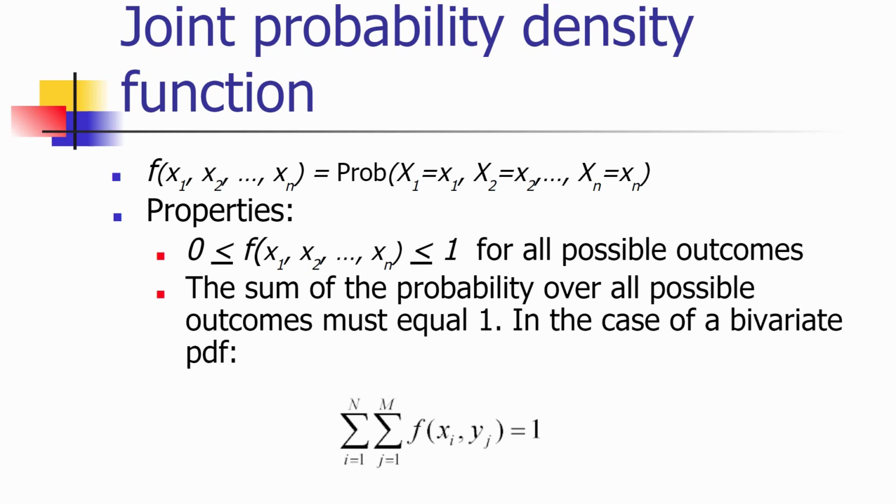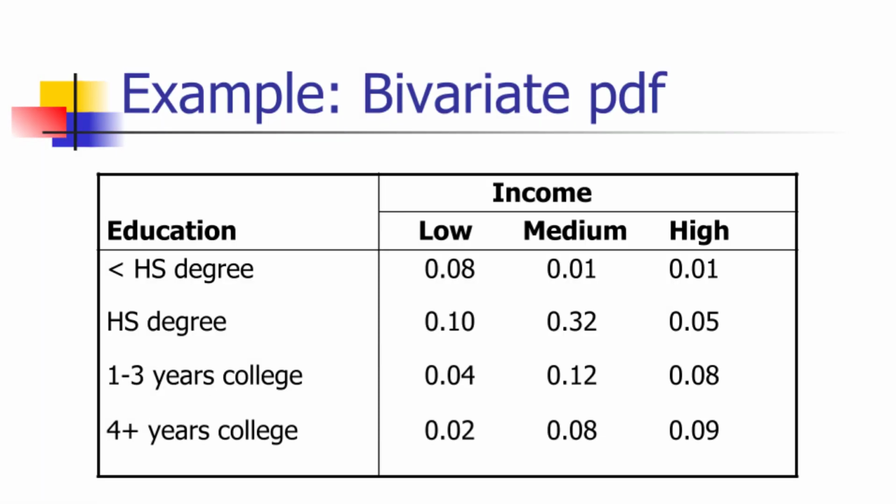If you think of the joint probability density function as being represented by a matrix of probabilities, we're adding up all the elements in each particular row and column of that matrix. For example, suppose we take the joint probability density function that describes the relationship between education and income in a given population.